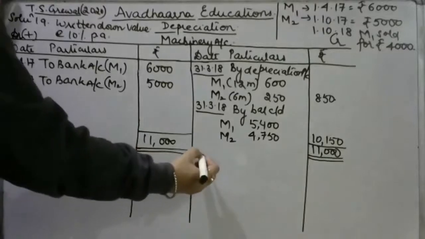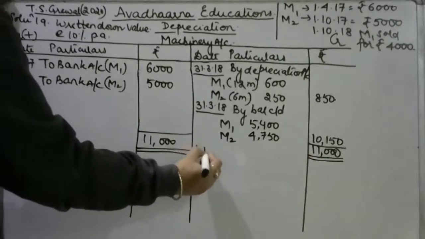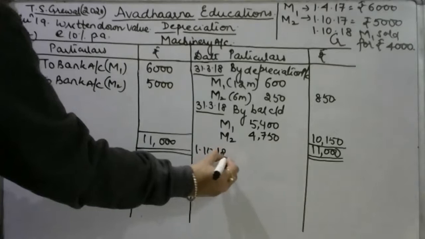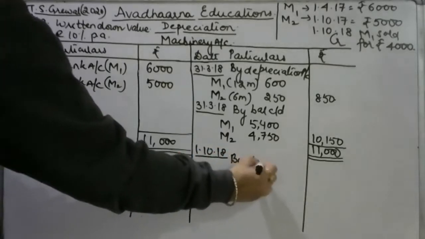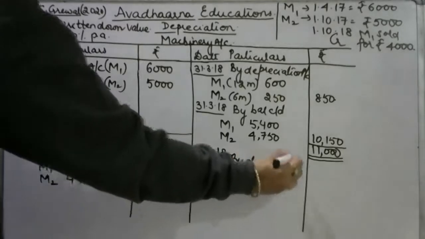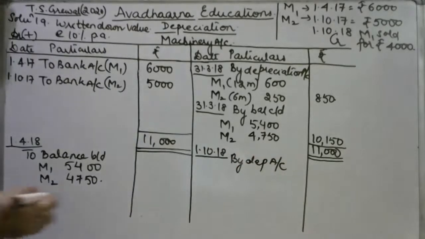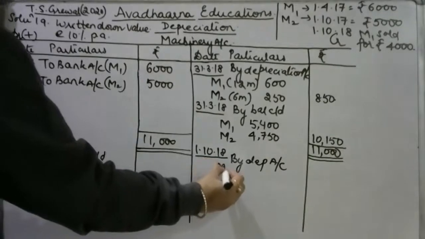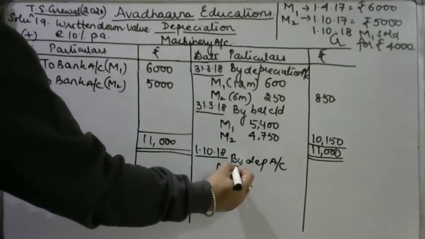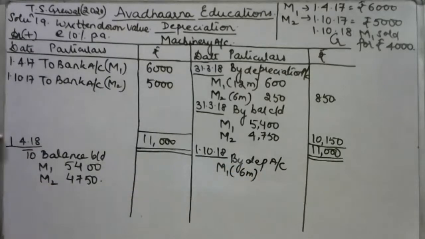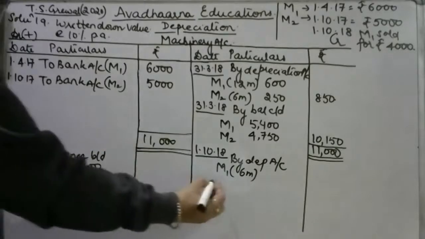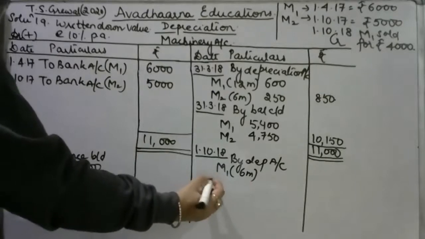So on 1st of October 2018, let's provide depreciation by depreciation account on the first machinery M1 for 6 months, because we have used this machinery for 6 months in the second financial year. And the amount of depreciation, let us calculate over here only, and we'll rub it.